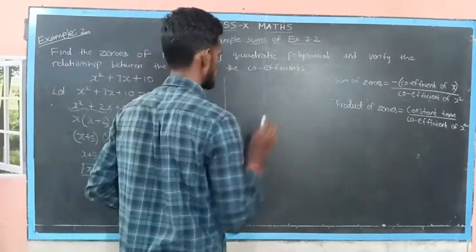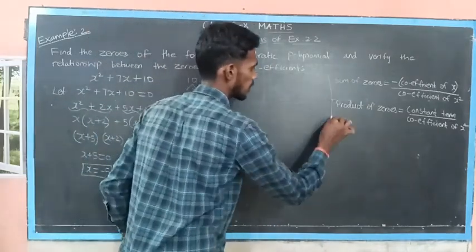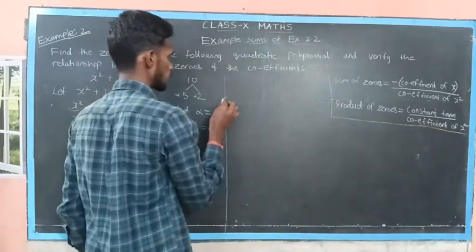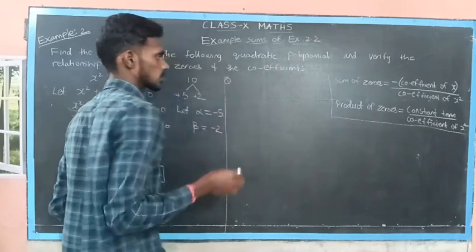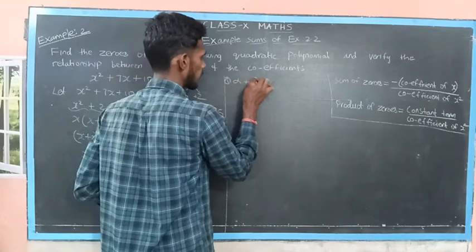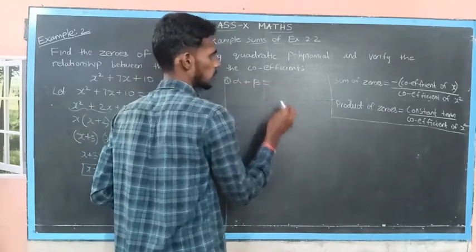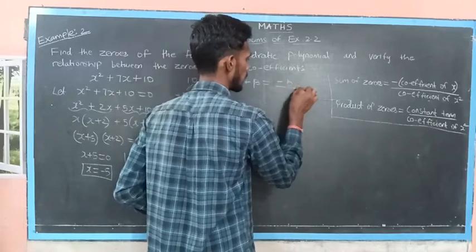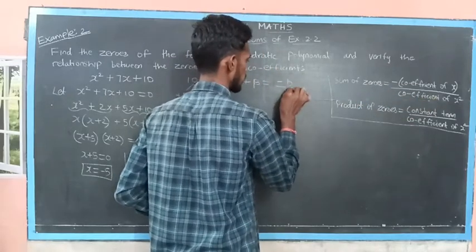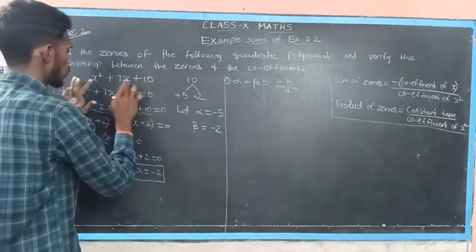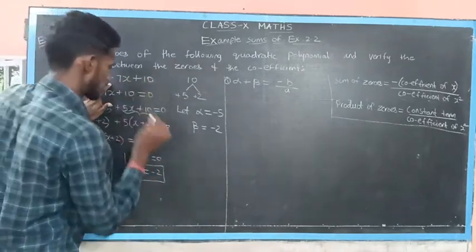Let us take the first condition. Sum of the zeros means alpha plus beta. Alpha plus beta is equal to minus coefficient of x, that is minus b, by coefficient of x square, that is a. Here we have to relate the given quadratic polynomial to the standard quadratic polynomial.